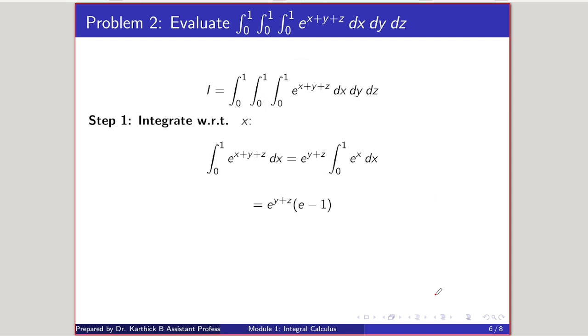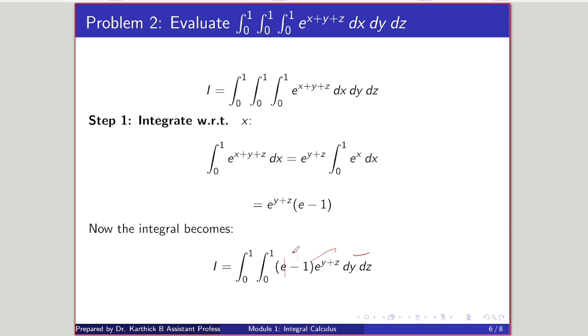So now we have evaluated the inner integral with respect to x. Now we are going for the next integral with respect to y. So we will substitute this function and evaluate with respect to y. See, e is a constant value and 1 is also a constant value.